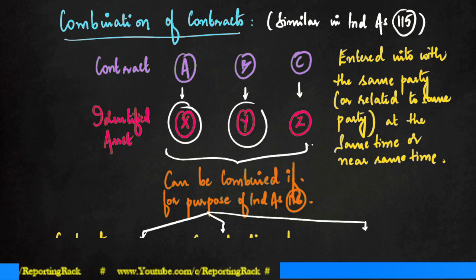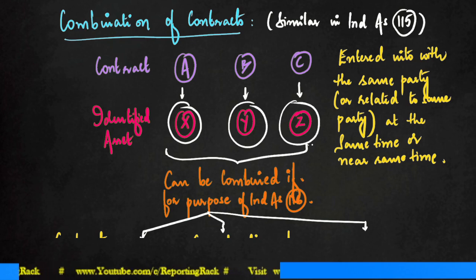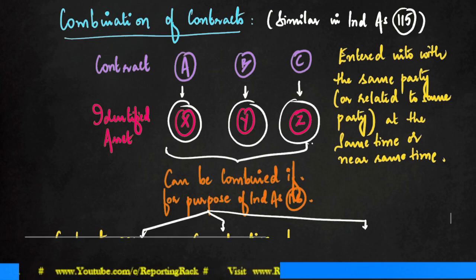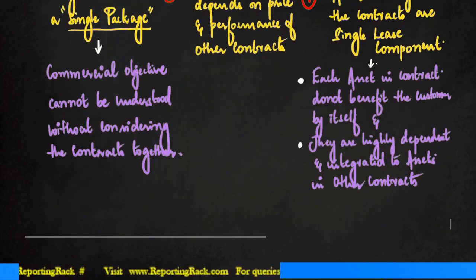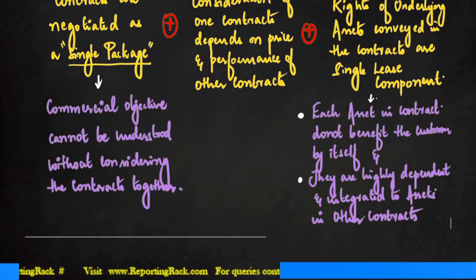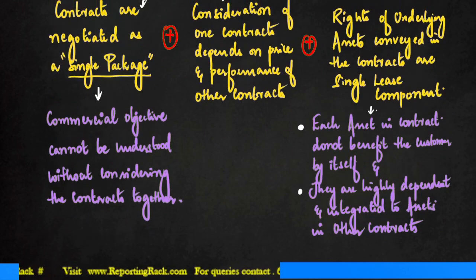Y alone does not give me economic benefit. Z alone does not give me economic benefit. All three combined together will give me economic benefit because all three are integrated and interrelated and generate cash flows as a CGU, which are highly dependent on each other. Therefore, they do not benefit the enterprise by itself or the customer on its own. It is highly dependent and integrated with other assets or other contracts.